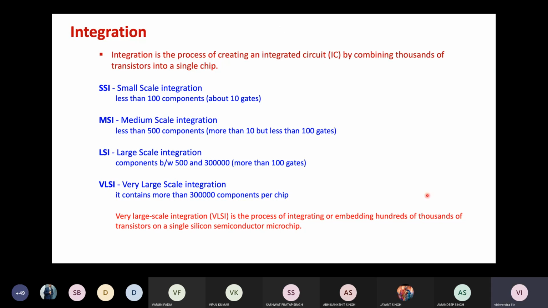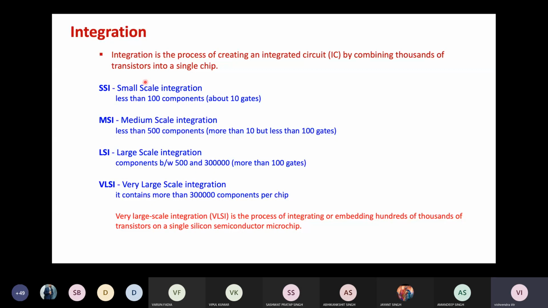For the modern era, it is an extremely crucial part, because if integration had not been there, we would not be able to have billions of transistors in a small cell phone. And this electronics revolution would not have been possible. So that's why integration is quite crucial. It is about making multiple transistors on a single chip, compact fabrication.